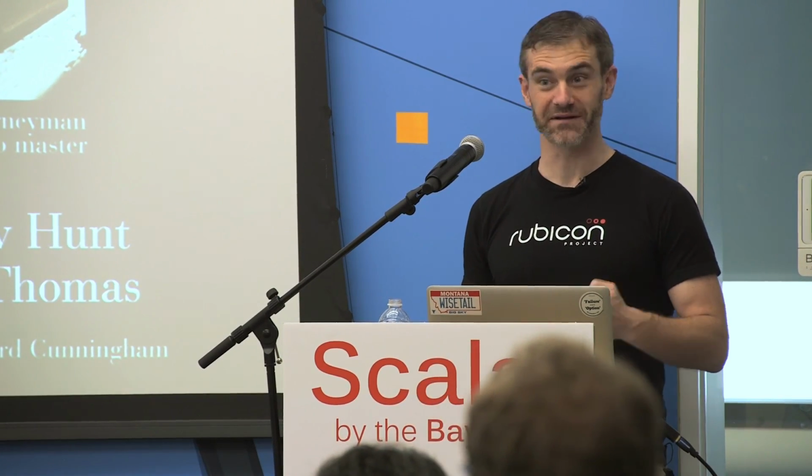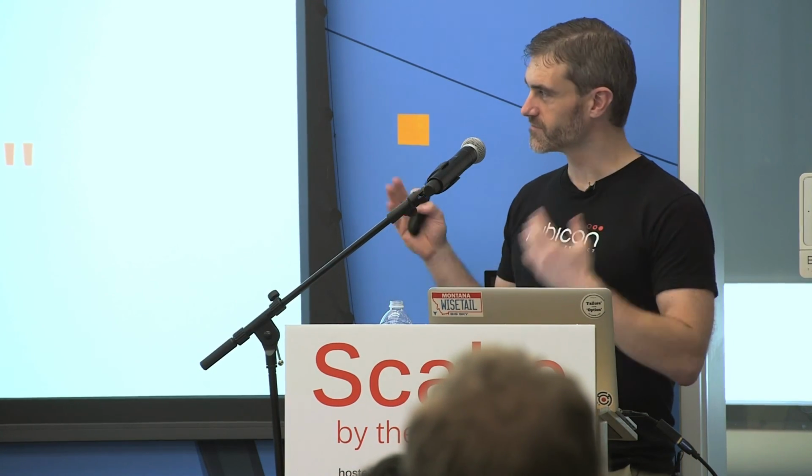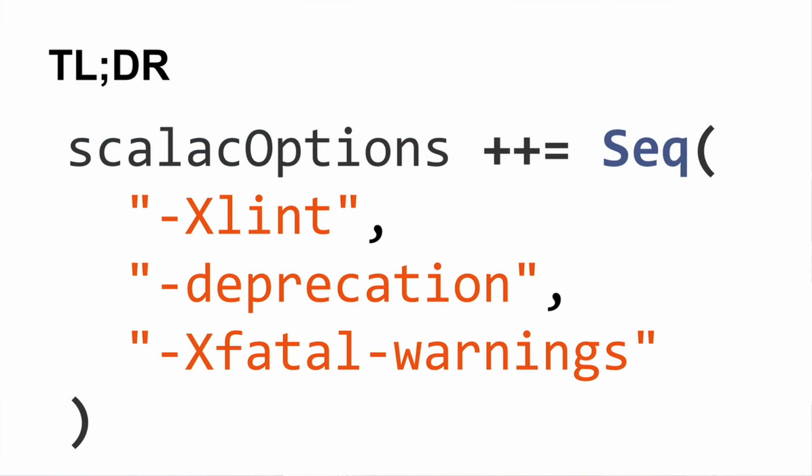Because if it's not on that path, that gate that you have to go through to get to production, people will figure out some way to go around it. At least that's been my experience. So don't let that happen to you if you go to the effort of bringing this in. Figure out a way to make it a genuine gate to the process. If you get nothing else out of this talk, go turn on those 3 switches.